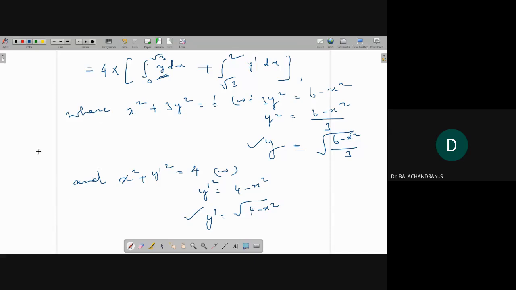So this is equal to 4 times (a1 plus a2), where a1 is this integral and a2 is this integral: here 0 to root 3, here root 3 to 2. For x equal to 0, you can find y. You can divide into any number of intervals, at least 5.